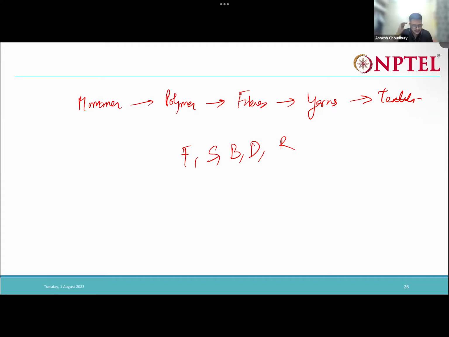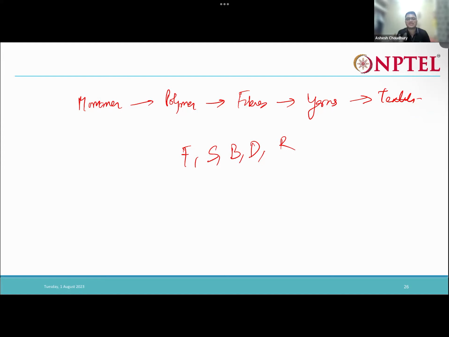So please go through the lecture and keep revising. Always keep in mind which geosynthetic material is for filtration, which can be used for drainage, and so on.